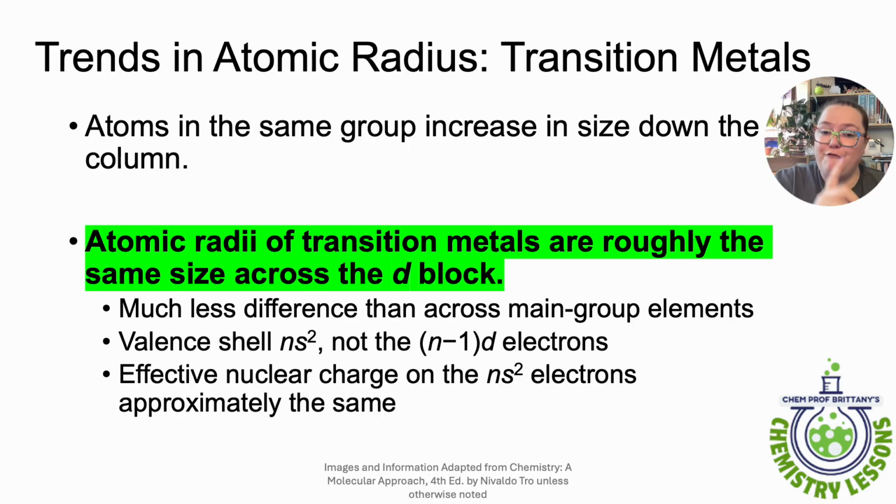So remember, 4s is lower in energy than 3d, but 4s is the valence. So if we fill up 4s and then go and start adding to 4d, or excuse me, to 3d, that's not changing the number of valence electrons. So the effective nuclear charge on those 4s electrons doesn't really change.